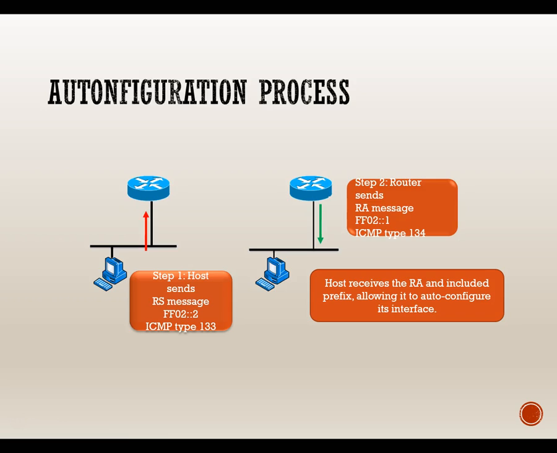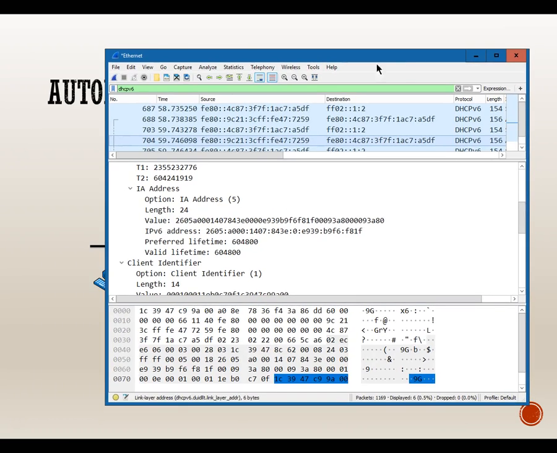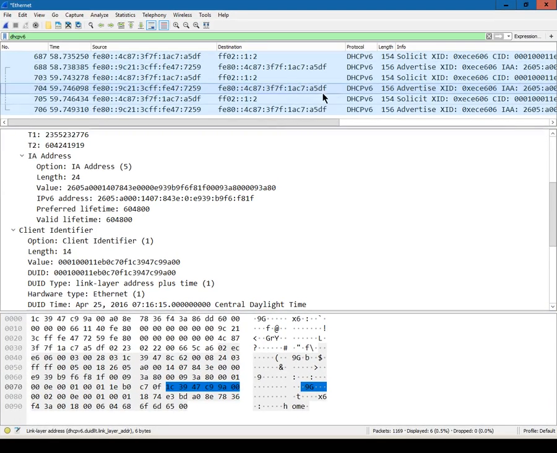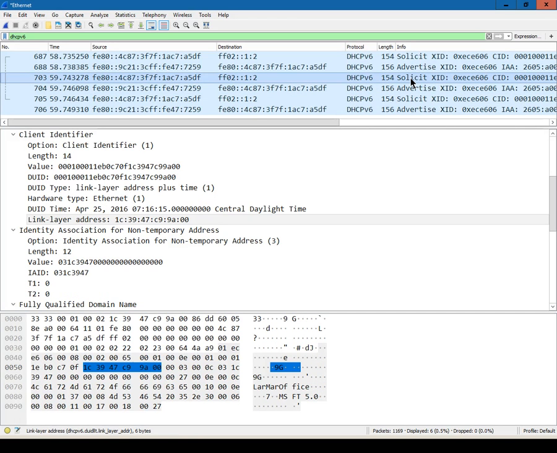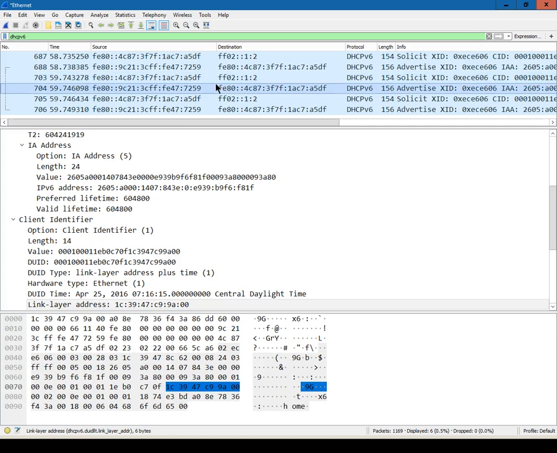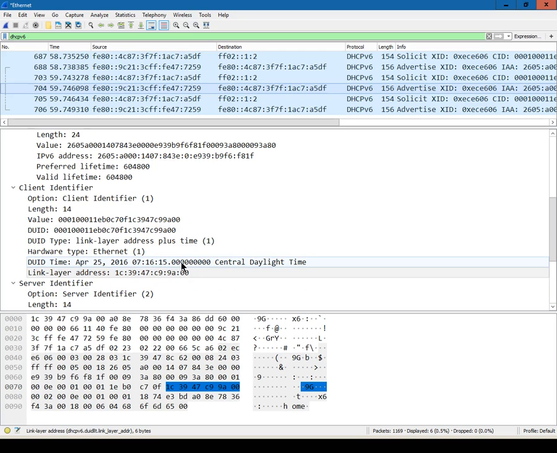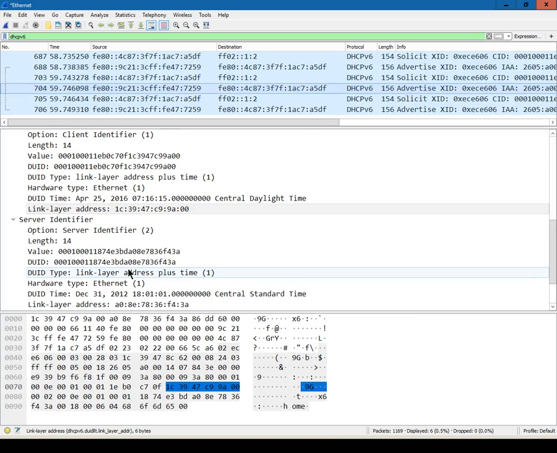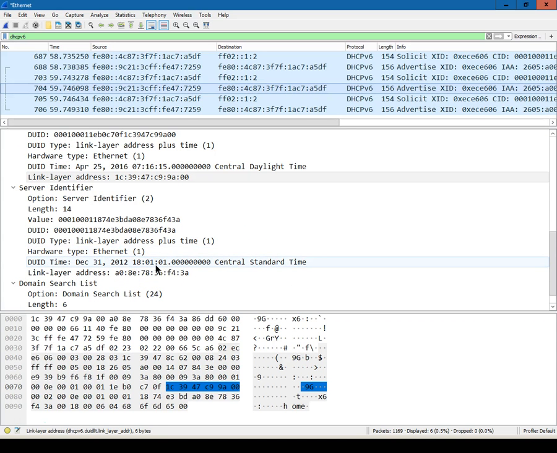Once I get the network prefix, my device will configure its own IP address. Quick look here, and I just did this, it's DHCPv6. I have an advertisement, a solicitation, a router solicitation, and a router advertisement. And it is sending to me the prefix that should be used for the network.